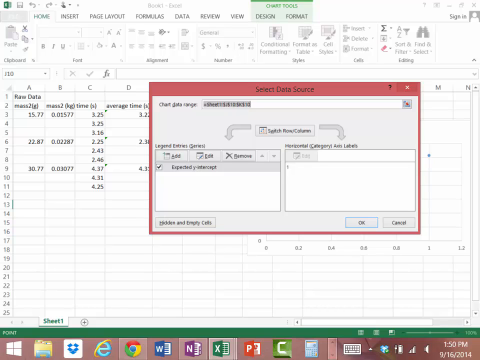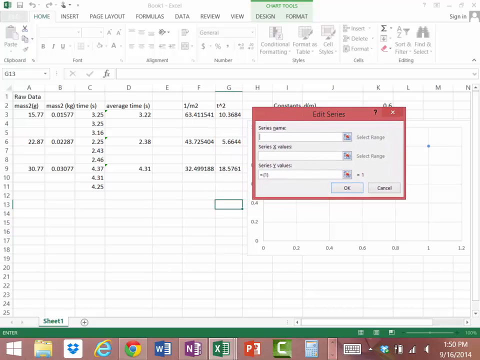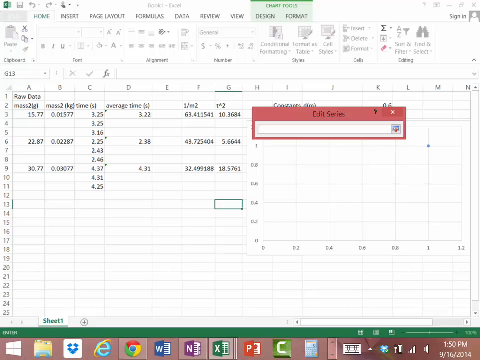We're all here. Stay with me for just a couple minutes. If you have anything over here right now, remove it. If you didn't have anything there, don't worry about it. Go to add, and you want to change your x values. What did you want your x values to be? 1 over m, right?